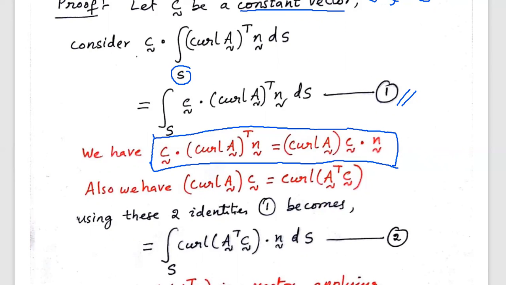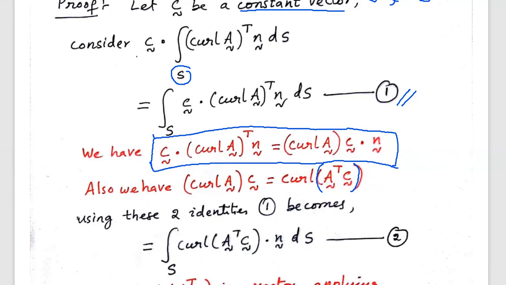So this transpose is becoming without transpose here. And also we have curl A c is equal to curl A transpose c. Curl A c is nothing but curl A transpose c. Look at the brackets here. Using these two identities, equation 1 will become what?